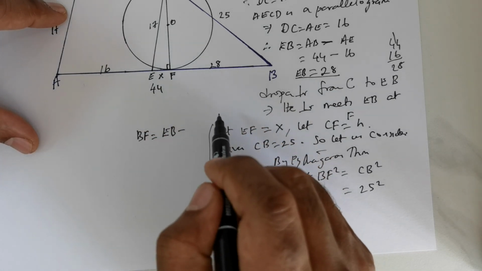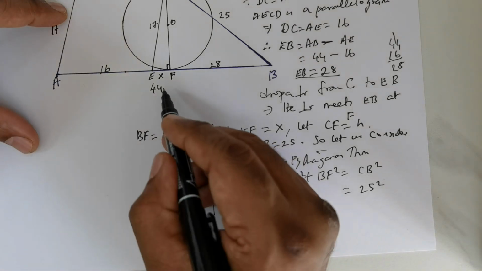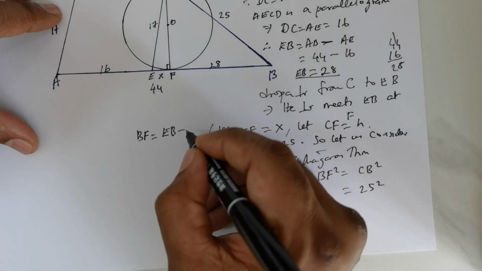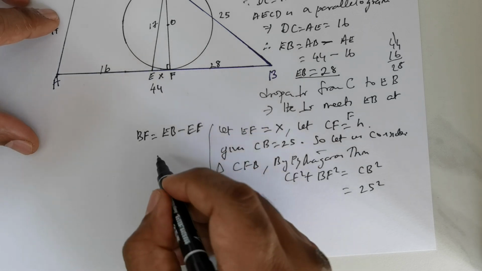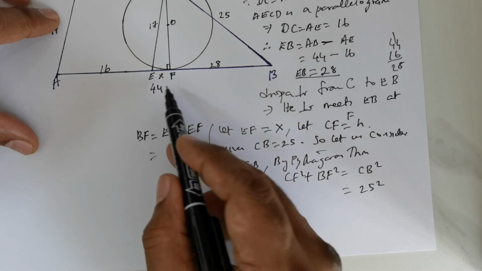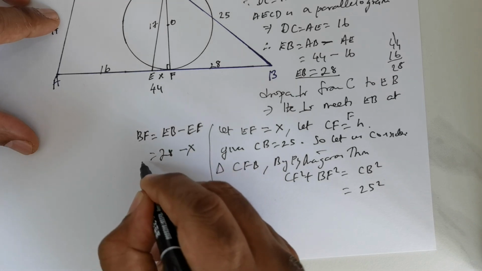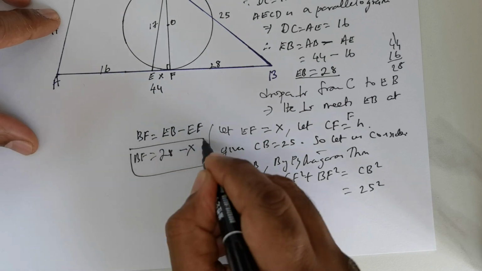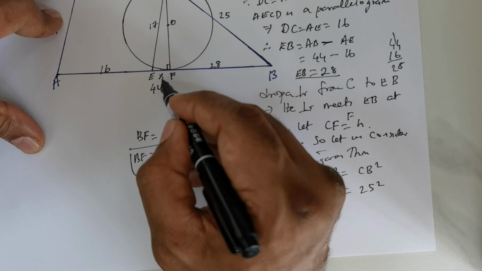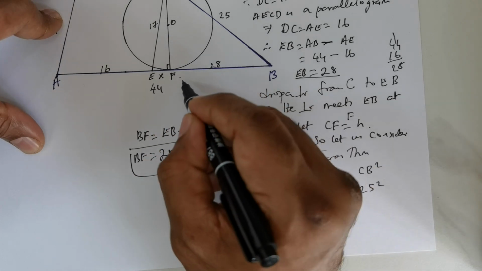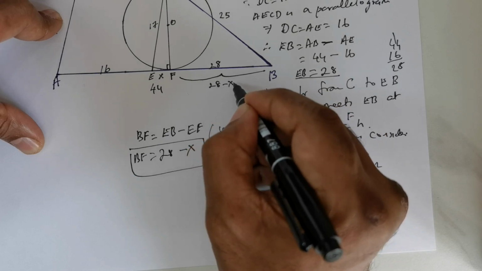From EB, if I were to take away this part, EF, I would get the value for BF. So EB is 28 and EF is X. So BF is going to be this value, 28 minus X.